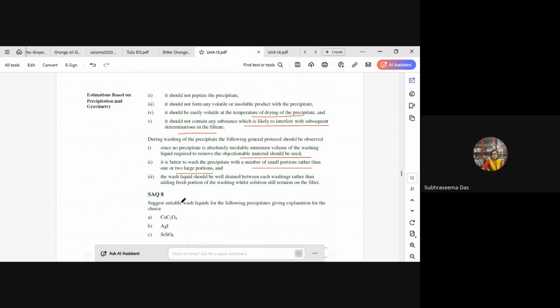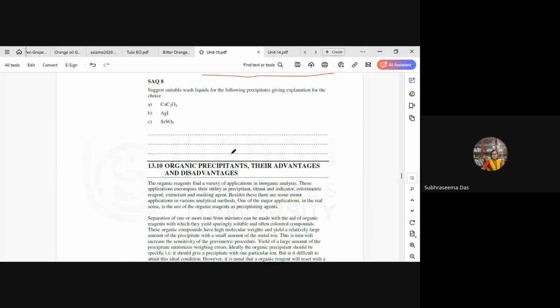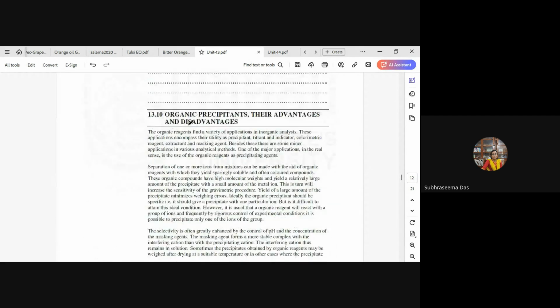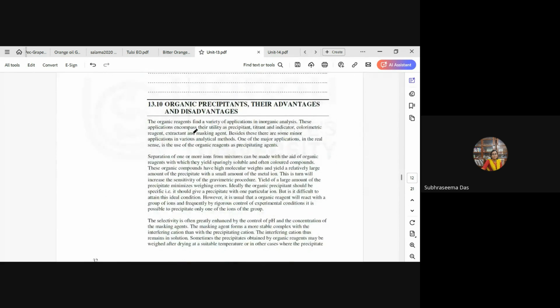And thirdly, the wash liquid should be well drained between each washing rather than adding a fresh portion while the solution still remains on the filter. So these are some of the protocols that we need to follow while washing a precipitate.